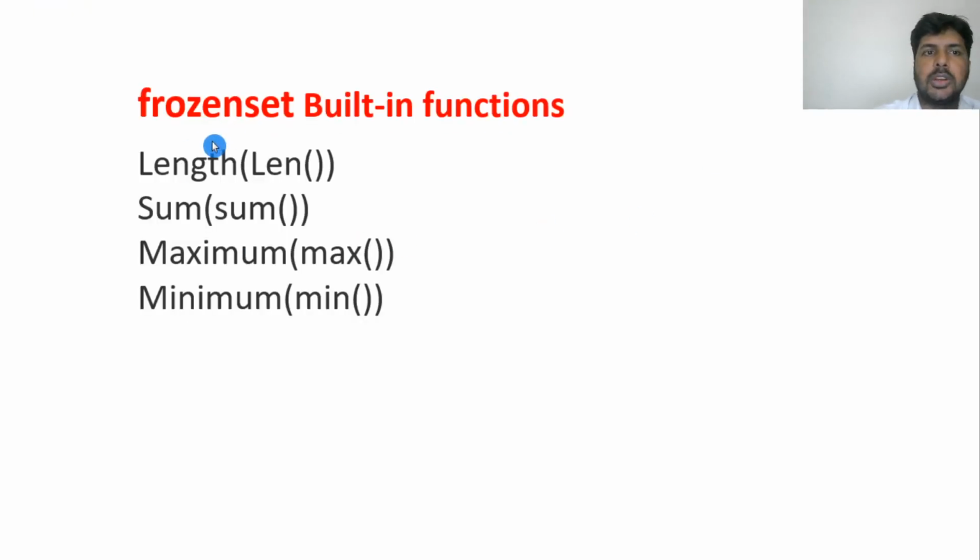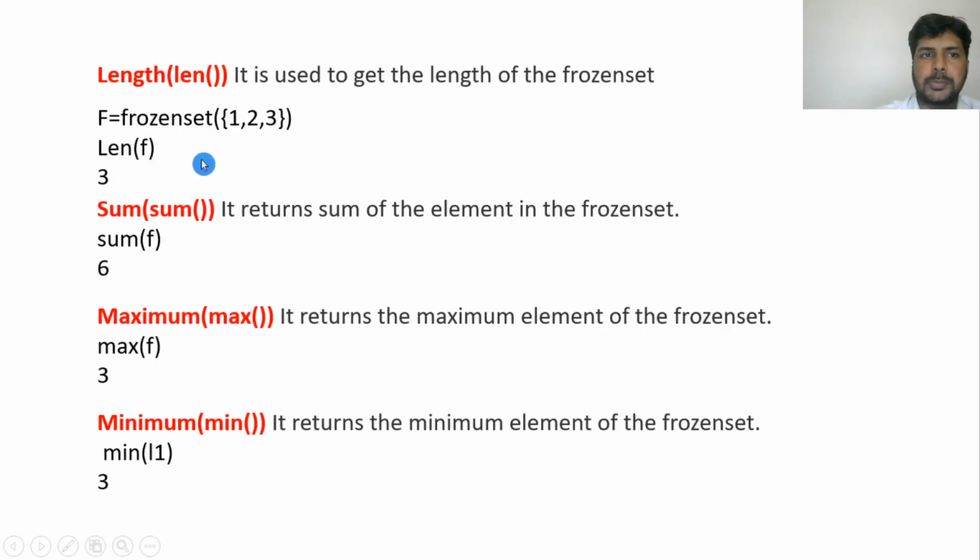Coming to our topic, frozen set will also have some built-in functions, like length, sum, max, min. Okay, so let us see. Suppose I take f is equal to frozenset 1 2 3, and if I say len f, here it should be a small letter l. So what will be the output? 3, because it contains 3 elements.